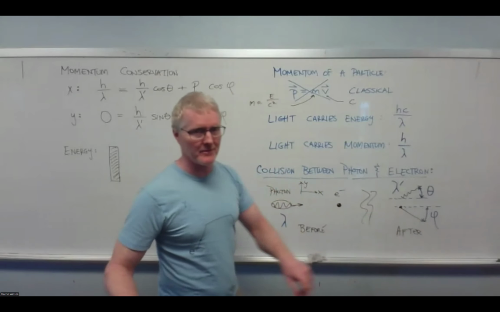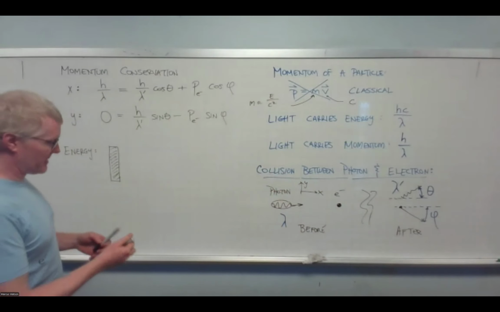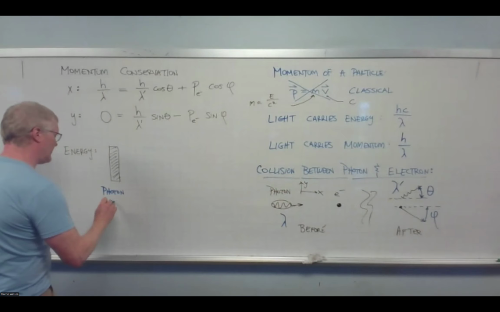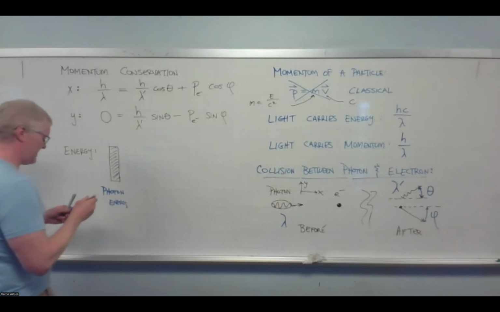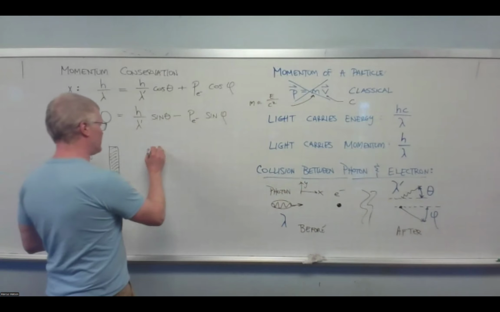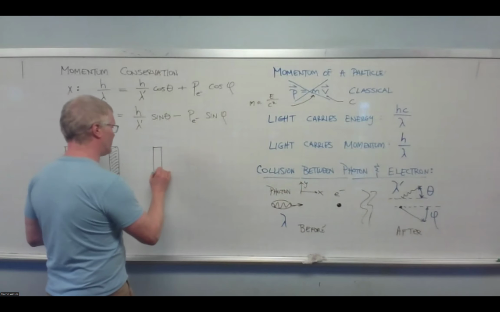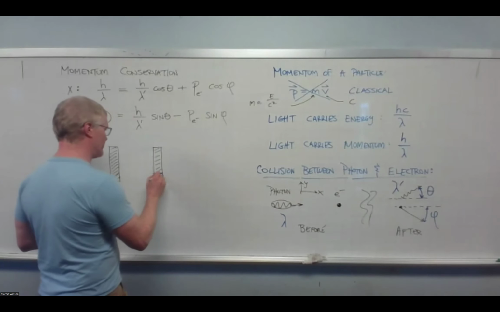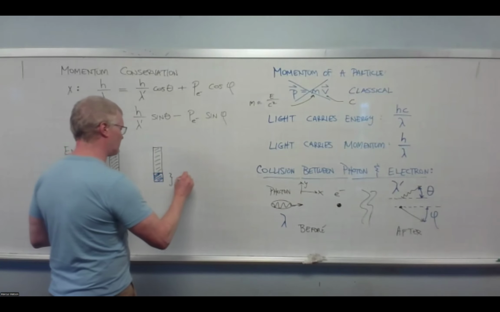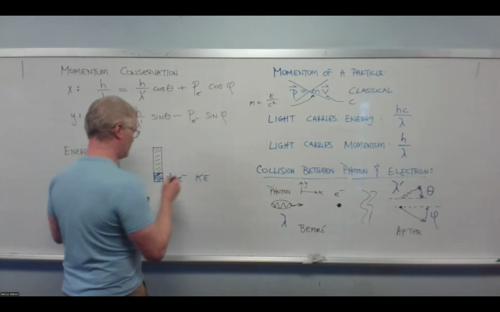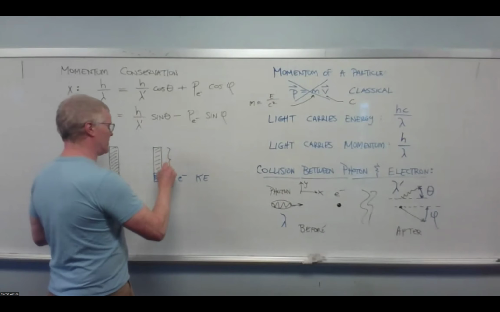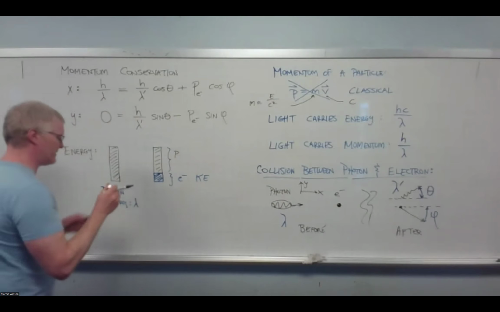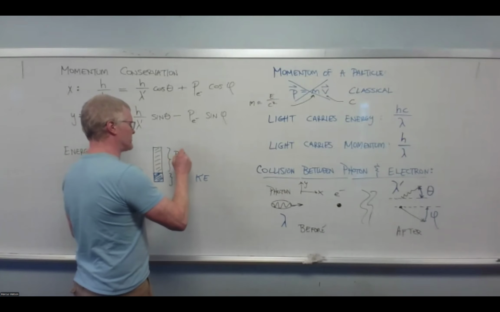So I'm going to ignore that rest energy. I'm going to say initially we have photon energy. And in the final state, we've got some photon energy as well as some electron energy. And that's going to show up in the form of electron kinetic energy, plus photon energy. Oh, I should have put this as lambda. This photon energy is related to lambda prime.